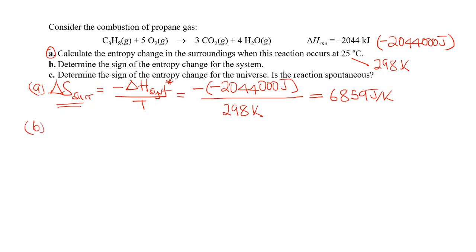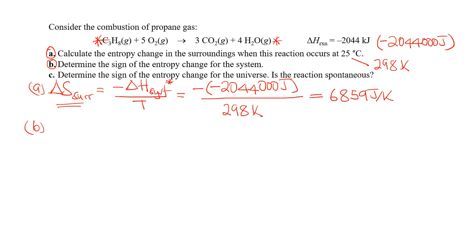The second part, determine the sign of the entropy change for the system. Now for this part, for this B, you are going to look at the equation as it is given there and count the number of gas molecules on both sides.